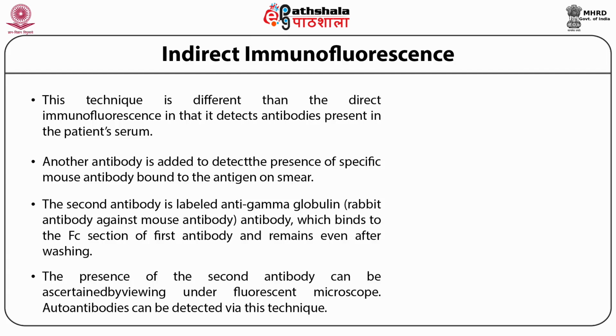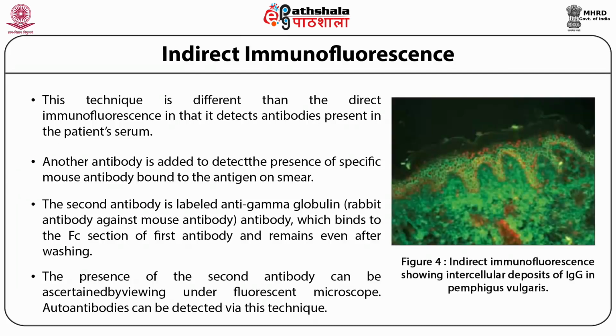Additionally, this technique is widely employed for detecting anti-nuclear antibodies, that is ANA, which are observed in SLE patients' serum. The figure shows the indirect immunofluorescence, which is showing intercellular deposits of IgG in pemphigus vulgaris.